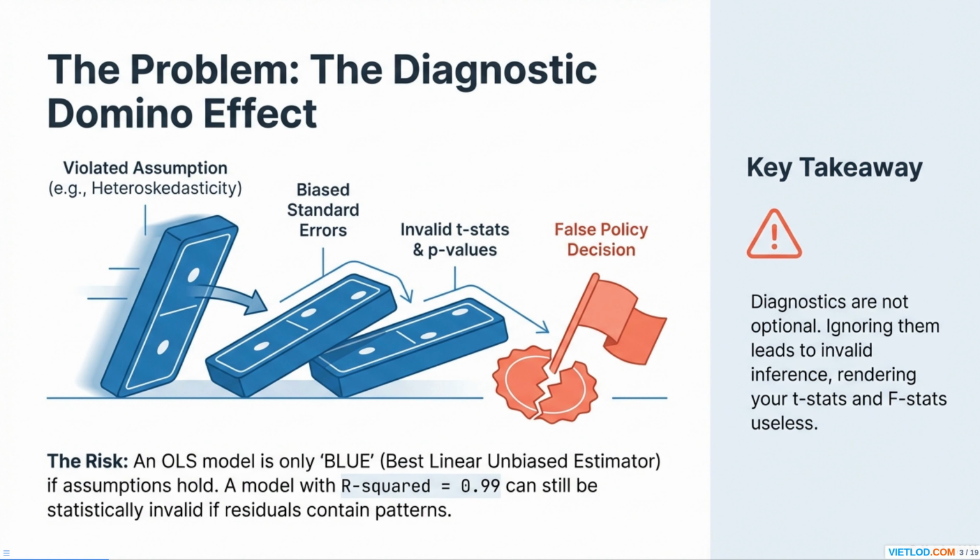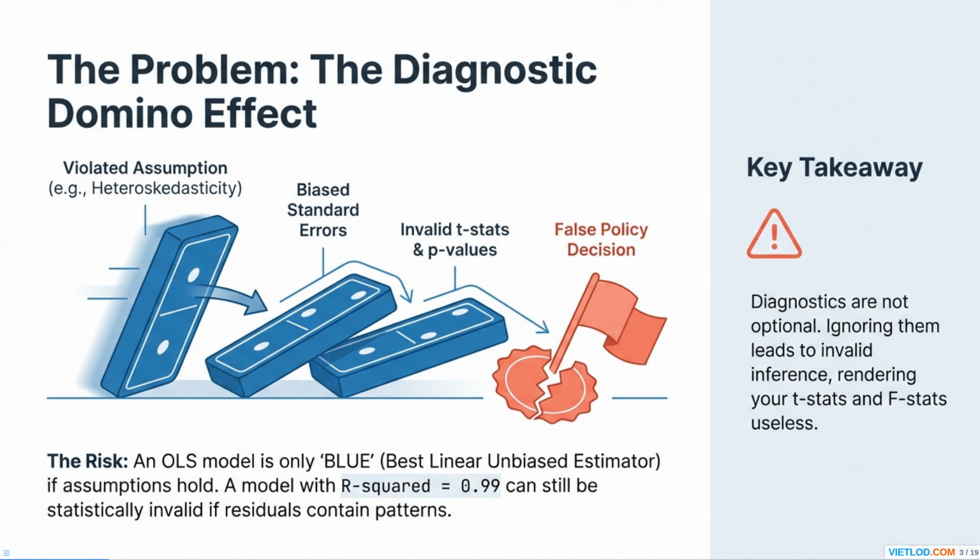Consequently, the t-statistics and p-values, which rely on these standard errors, become invalid, meaning you can no longer trust them for hypothesis testing. The final domino to fall is your conclusion, leading to potentially false policy or business decisions. This is the ultimate risk of ignoring diagnostics.